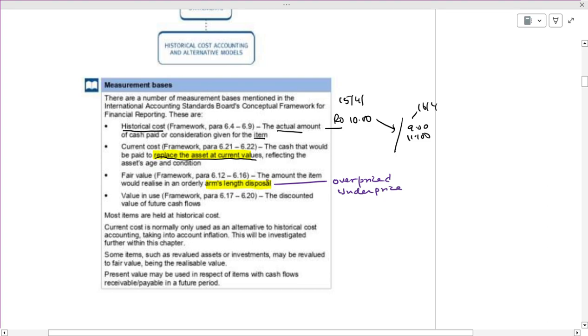What are the conditions of the fair value? We have done this in cash generating units. CGU. Any idea? What are the conditions of CGU, cash generating units?